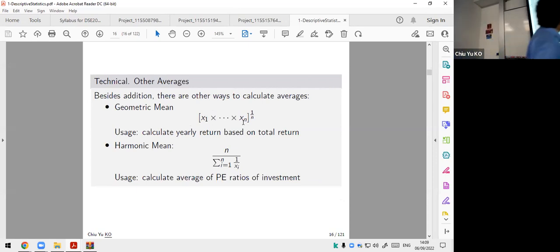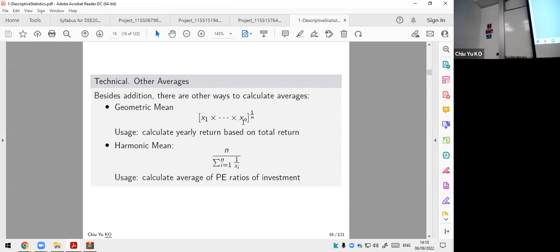The other two averages, which I'm not going to go into detail about but also have some business applications, are the geometric mean and the harmonic mean. The geometric mean is very useful in finance. When you talk about compound interest, or returns with compound interest over two or multiple years, what's the average return?